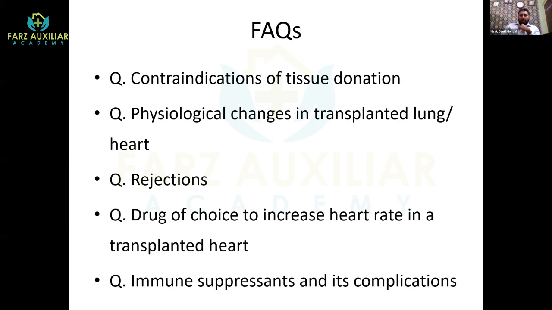After that, coming to our next question, what are immunosuppressions and their complications? Immunosuppression is again a very important thing. You have to read immunosuppression in detail. There are 4 main types of immunosuppressants. First is corticosteroids. Next are calcineurin inhibitors like tacrolimus.